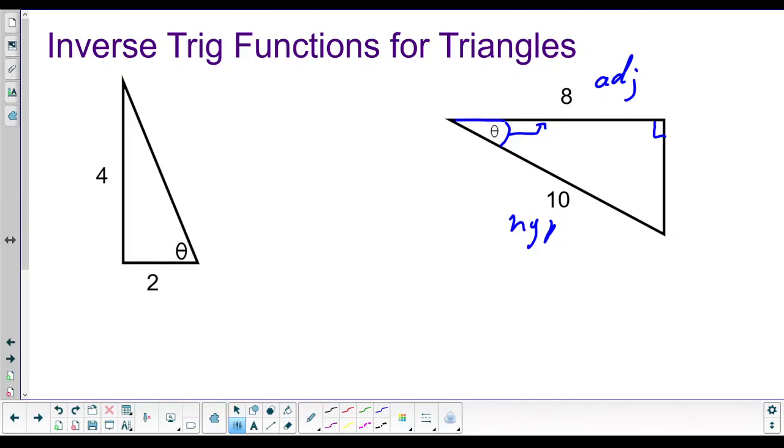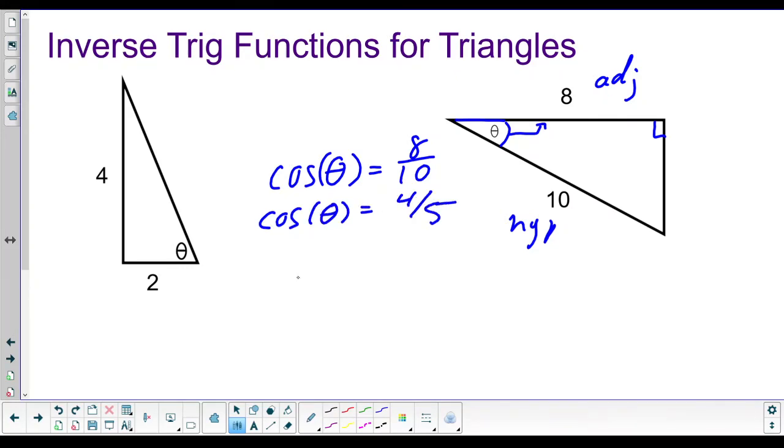All right, now we want to set up a trig function that uses adjacent and hypotenuse. The trig function that uses adjacent and hypotenuse is cosine. So we have cosine of theta equals 8 over 10. Cool. Reduce your fraction if possible. So cosine of theta equals 4 over 5.